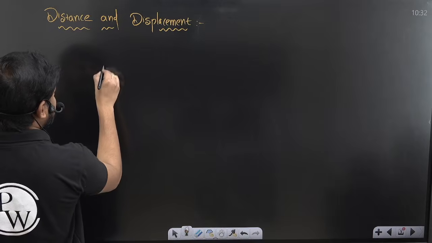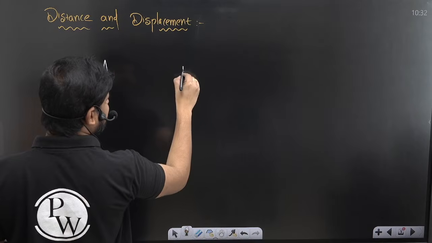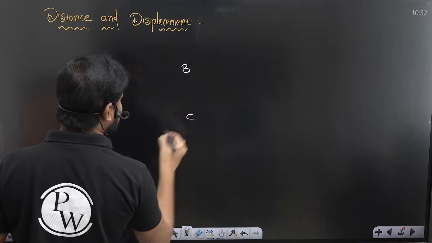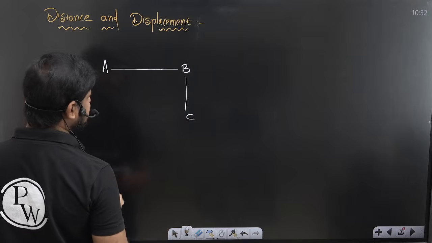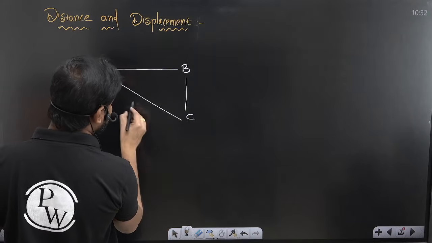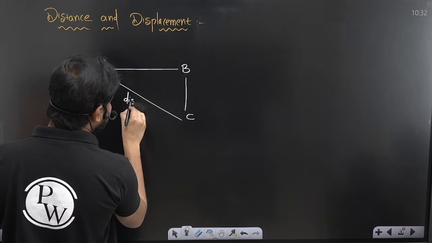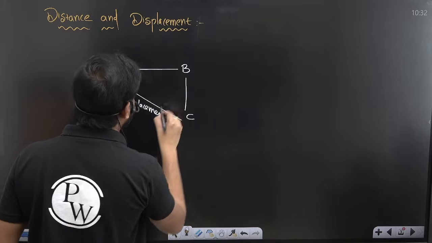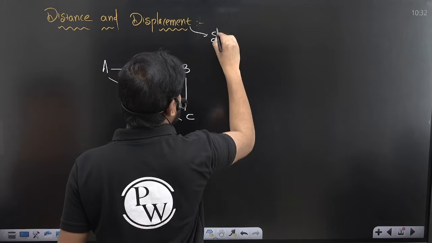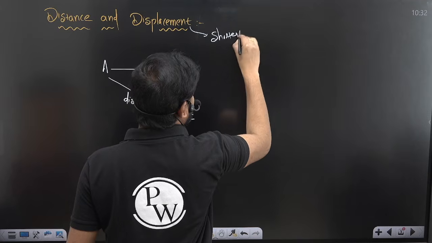For example, if a person has to travel from A to C, then A to B and B to C is the distance, whereas directly A to C is the displacement. The displacement is the shortest path covered.